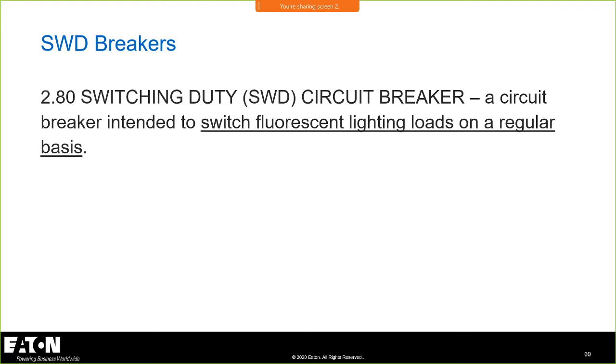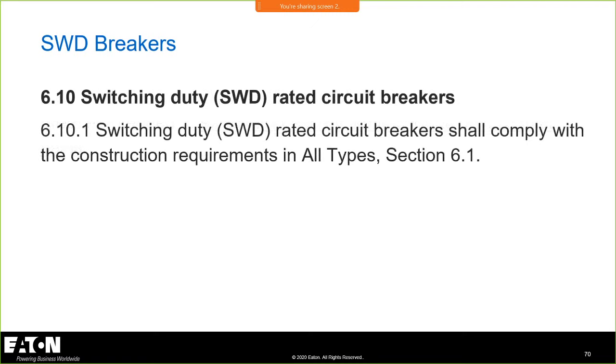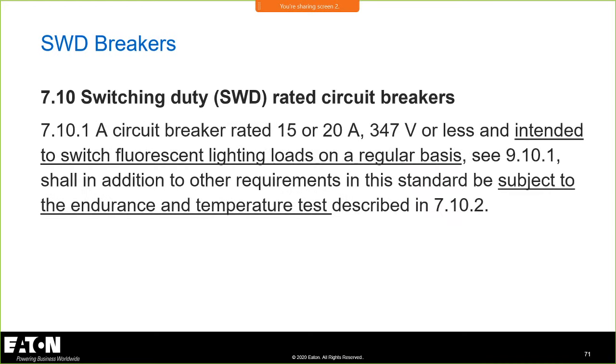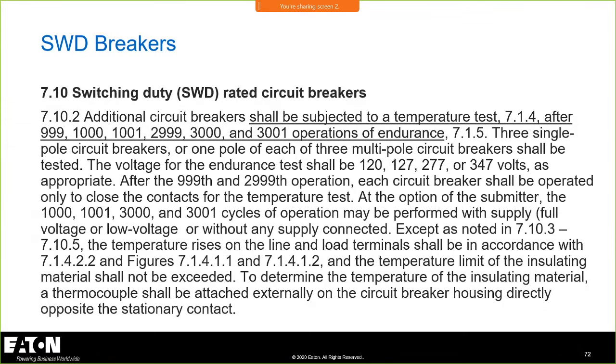So a circuit breaker intended to switch fluorescent lighting loads on a regular basis has to comply with the construction requirements, everything in 6.1. So that's your standard stuff. And to switch, again, 15 or 20 amp or less, intended to switch fluorescent lighting, you probably wouldn't have HID at 15 or 20, subject to the endurance and temperature tests. And then you have your temperature tests. Again, there's your 7.10.